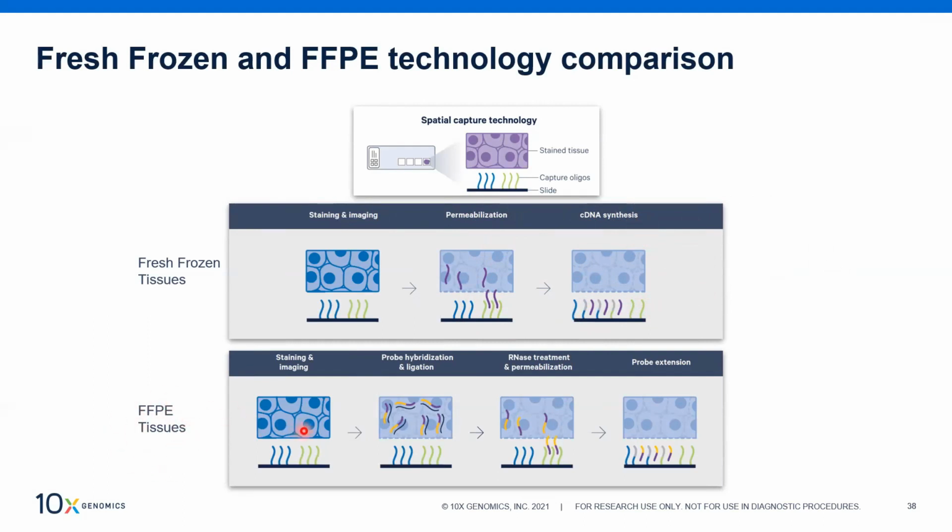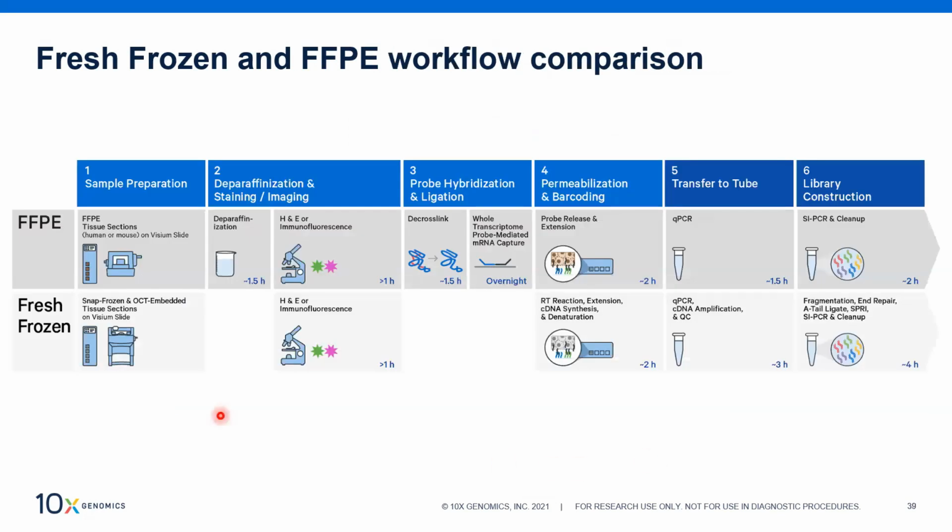In FFPE, there is an intermediate step of adding the probe hybridization and ligation step. Then you will have RNase treatment and permeabilization. The probes will be released, and these synthetic probes are getting captured and extended. And then ultimately we sequence those extended probes and map the data to the location of the tissue. This is the whole workflow of FFPE and fresh frozen.